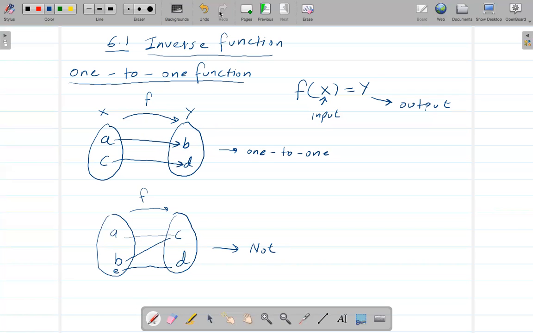We can even see this in a graph. Let's say we have a graph something like this, and let's figure out whether this graph is a one-to-one function or not. In this case, we use the horizontal line test.